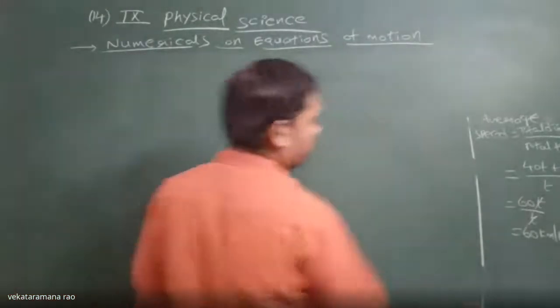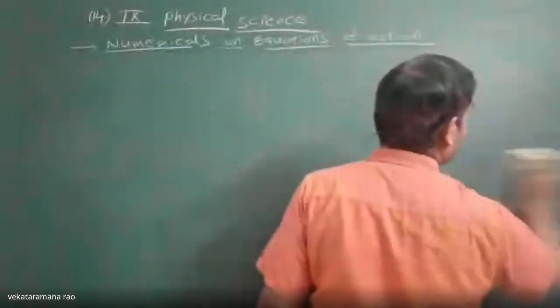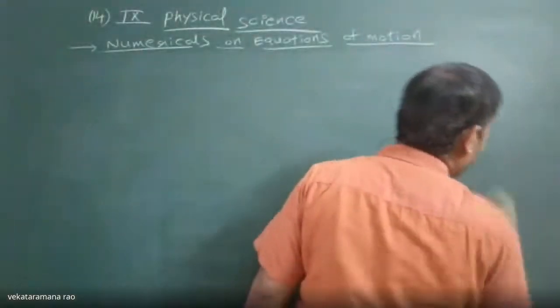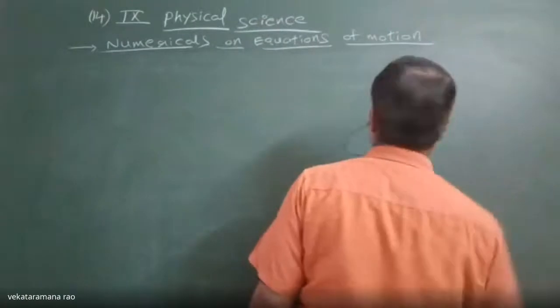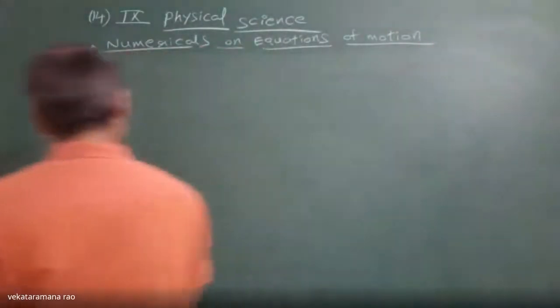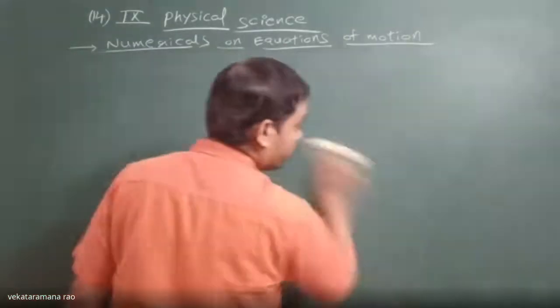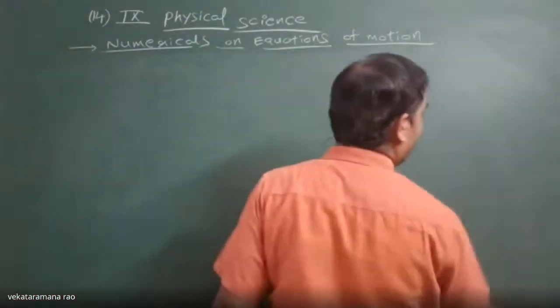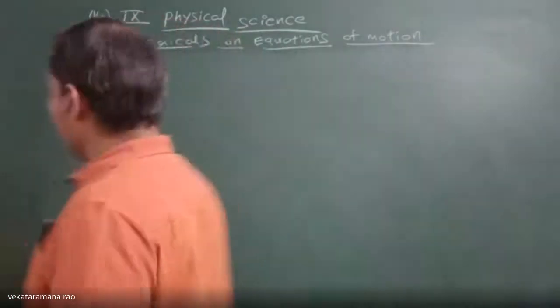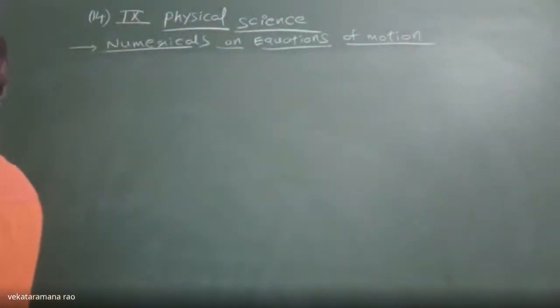Now, the next problem is based on half of the distance with one speed and the remaining half of the distance with another speed. In that case, what do you have to do?